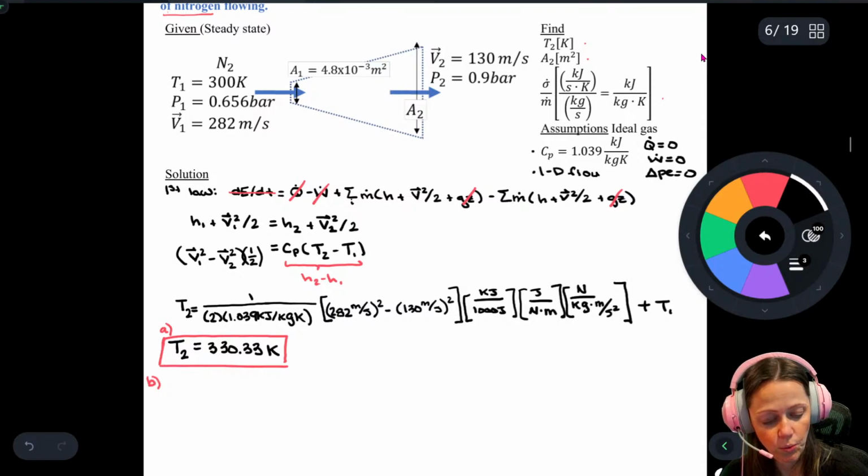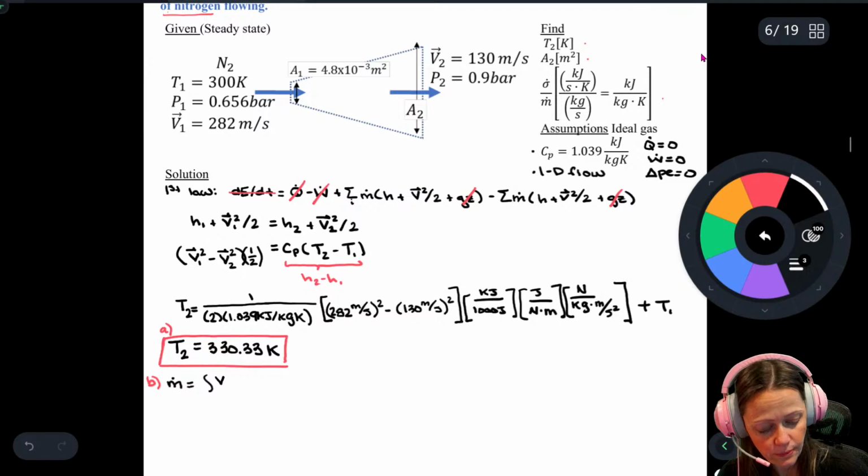What 1D flow says is that you can define that m dot in terms of V dot over specific volume dA.